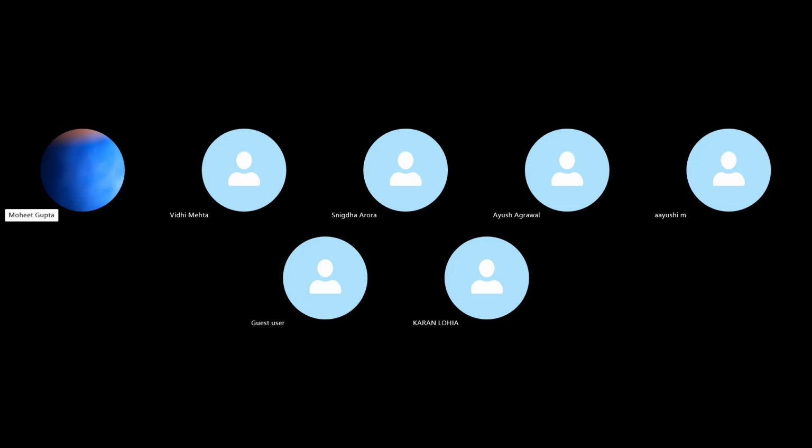So 308 into 10 to the power 5 into 10 to the power 7 rupees, divided by the population of India, which is 140 into 10 to the power 9. Billion is 1000 million, right? So 10 to the power 9.